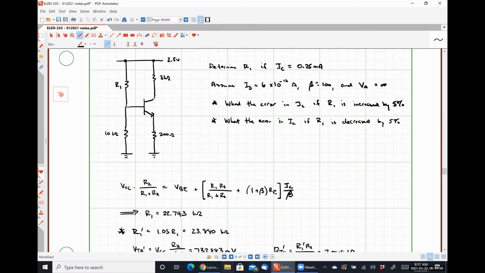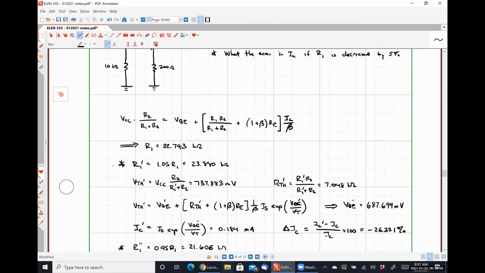If we made that resistor larger, we would see that the error would go down as well, but there are limitations to the size of the resistor that we can have because the emitter current that's flowing through that resistor is the sum of the collector and the base, which means we risk driving it outside of forward active region if we make it too big. So that's just something to keep in mind.